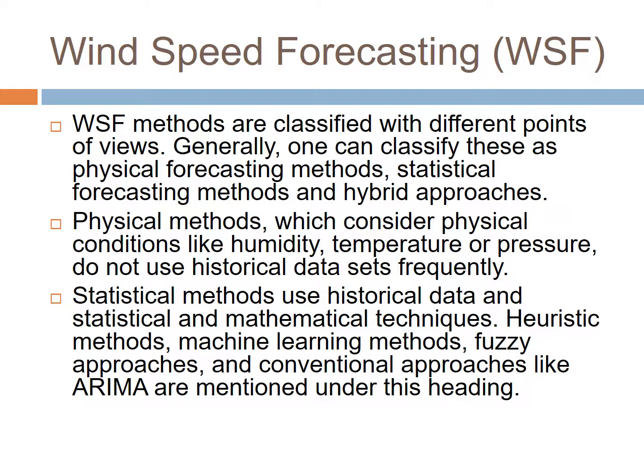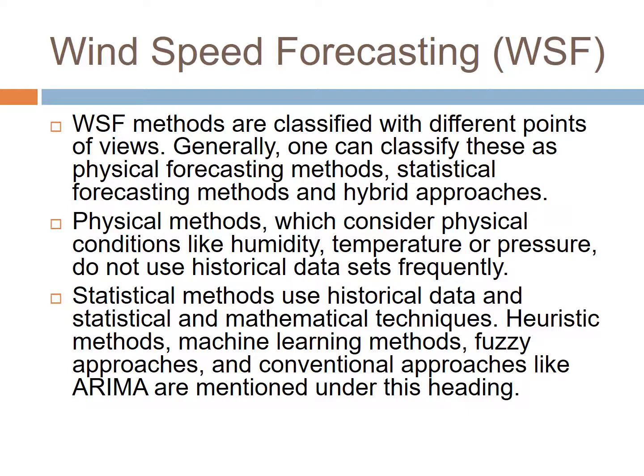Physical methods usually consider physical conditions and physical properties of the wind and the atmosphere, like humidity, temperature, and pressure. And usually they do not use historical data, for example, wind speed data.